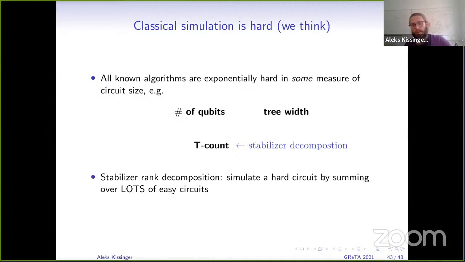The way these things work is they simulate a hard circuit by summing over lots of easy circuits. And I put lots in all caps because this is exponentially many easy circuits. But whether it's exponential with a little e or a big E is really the question here.